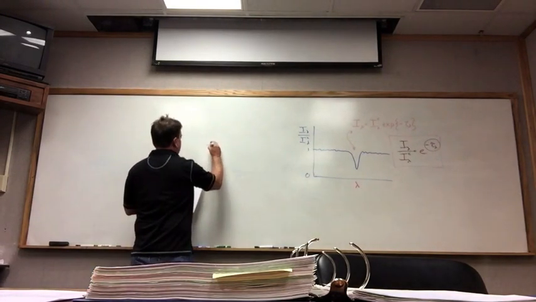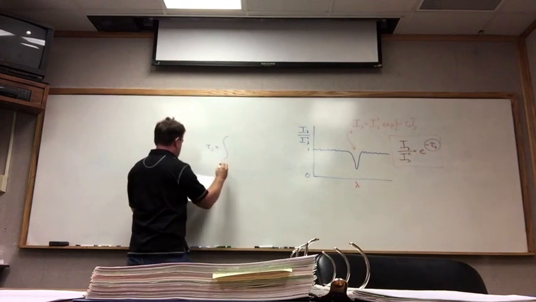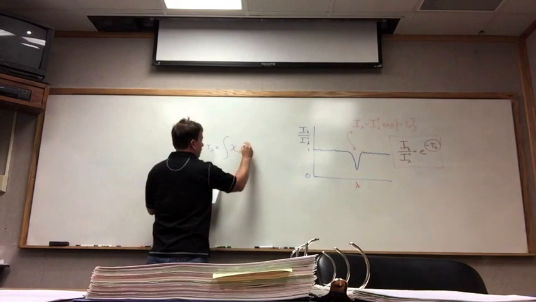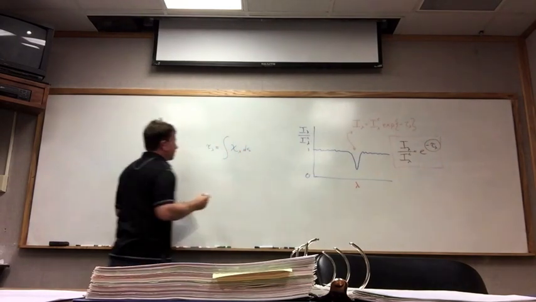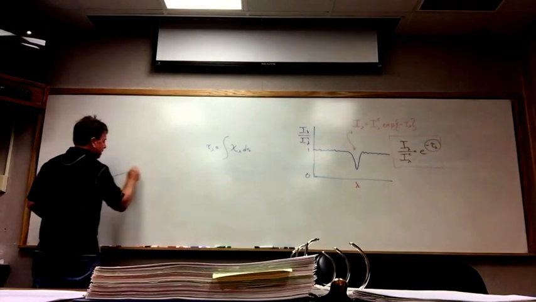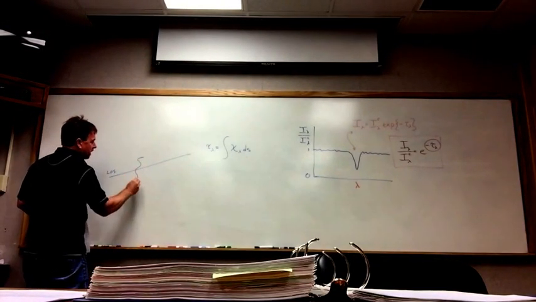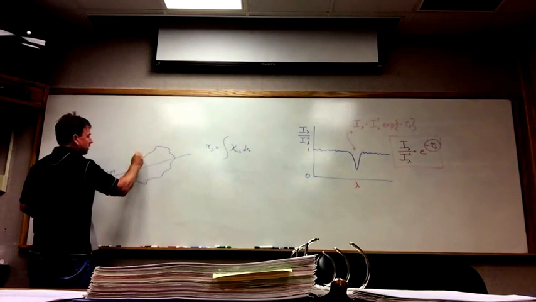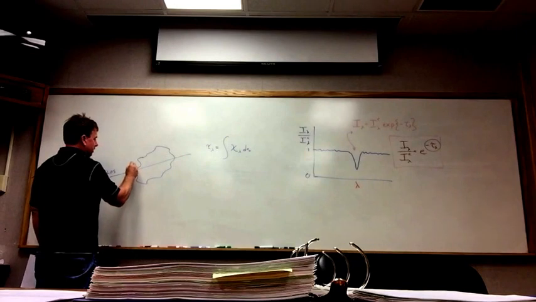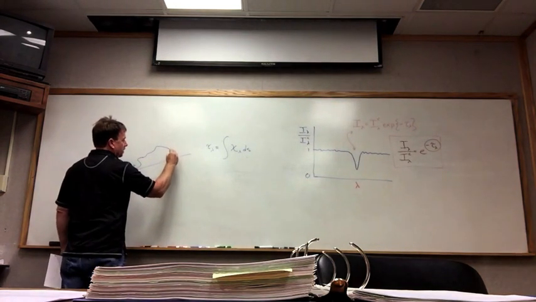The optical depth is defined as the integral along the path length of the opacity ds. So you have some line of sight here, there's some gas cloud, and you integrate from the face of the cloud to the end of the cloud.